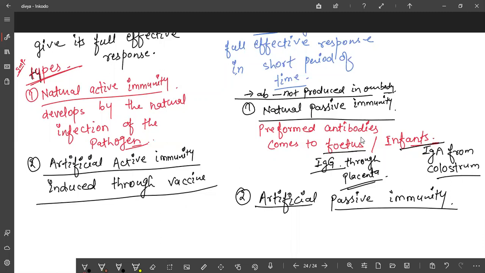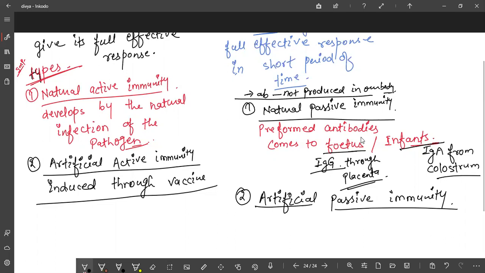Similarly, we get IgA from our mother's milk or colostrum. So these antibodies come naturally into our body, and this comes under the classification of natural passive immunity.